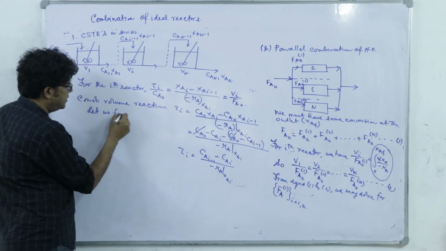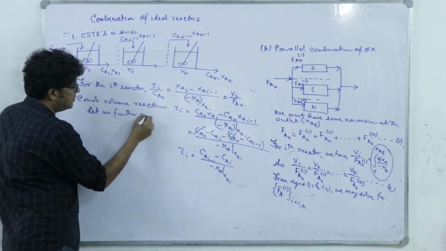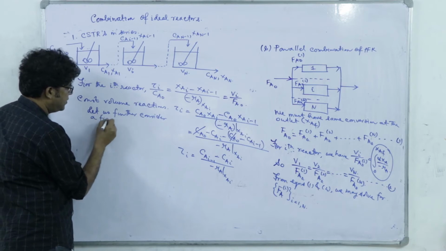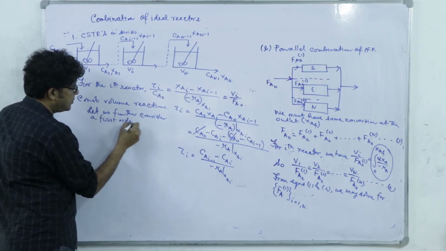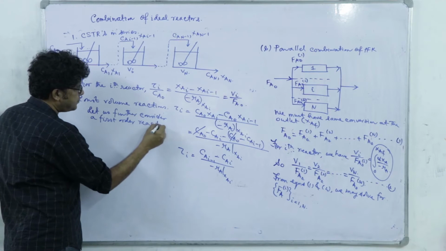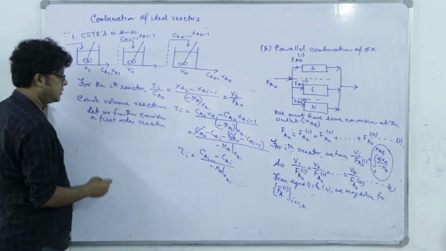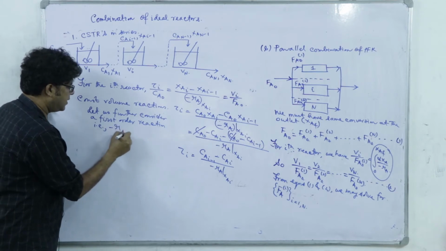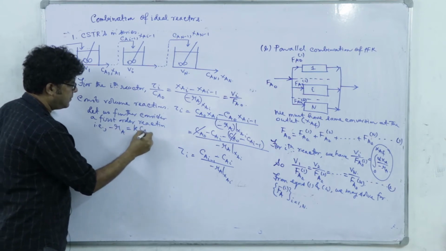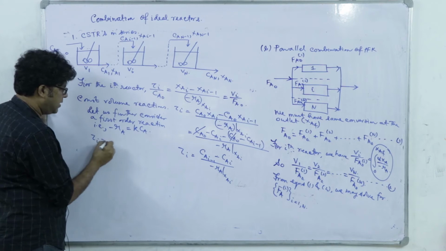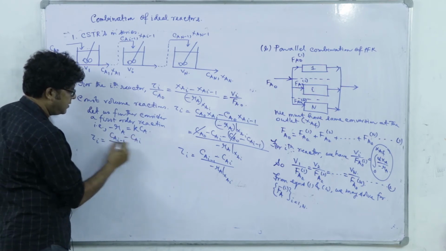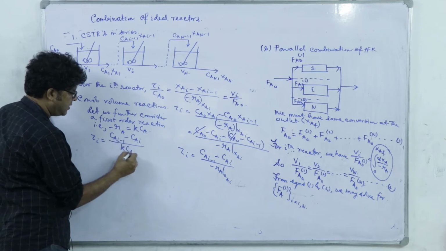Let us further consider a first order reaction. Right. That is minus Ra equal to k Ca. So, tau i is equal to (Ci minus 1 minus Ci) divided by k Ci.